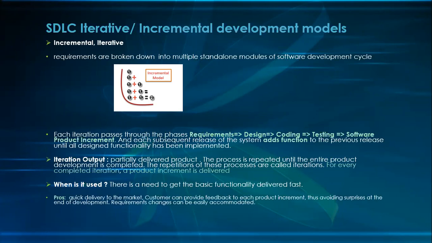What are the pros? The advantage: quick delivery to the market. Customers can provide feedback on each product increment, thus avoiding surprises at the end of development. Requirement changes can be easily accommodated.